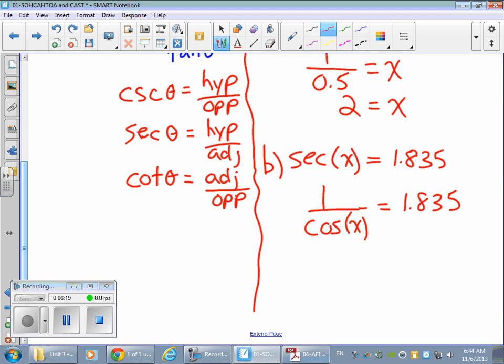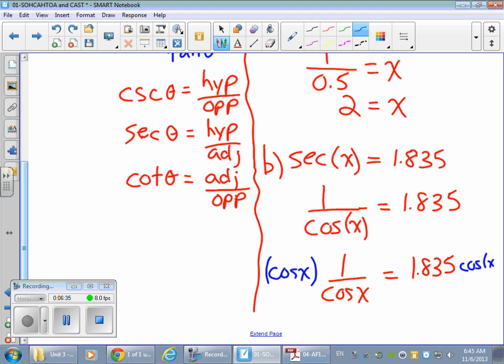Now I'm going to isolate the cos, and so what I'm technically doing is multiplying both sides by cosine of x. Again, this is the true math behind what I'm doing. If you choose to not write that step in, of course, that's perfectly fine. My cos x divides out with the cos x there.